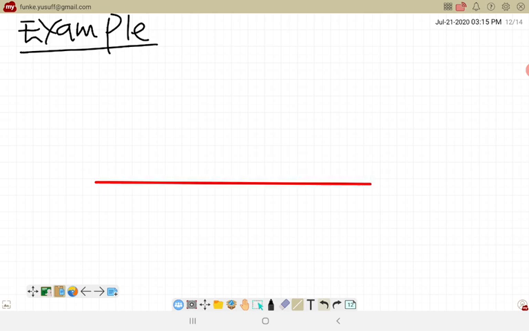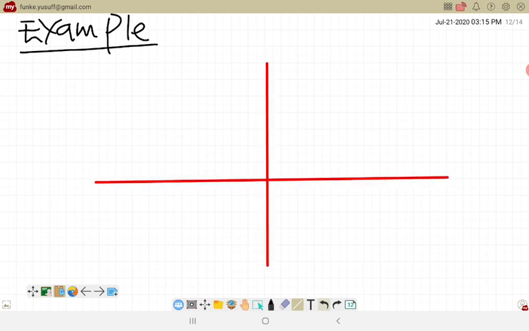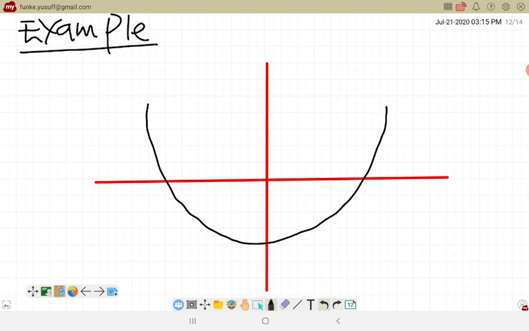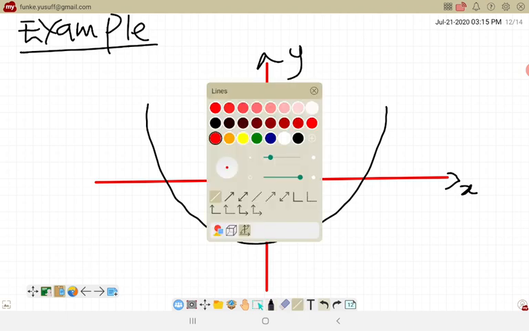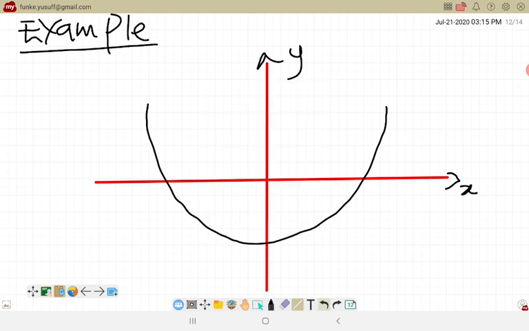Consider this graph. This is a quadratic graph. This is x, this is y. So let's do the test with a vertical line.